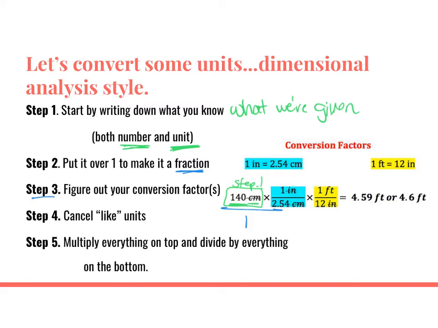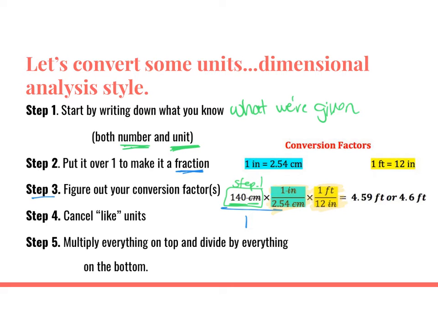Step 3 is where we figure out our conversion factors. Conversion factors are factors that allow us to go from one unit to another, and if we look at them, they simplify to 1. For example, some great conversion factors that we see here are 1 inch is 2.54 centimeters, and 1 foot is 12 inches.